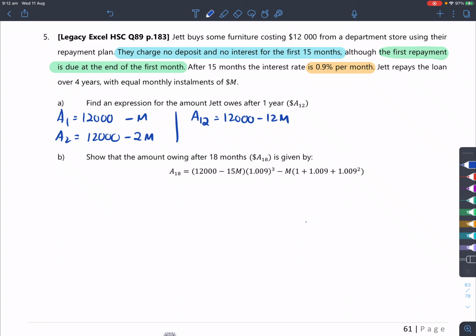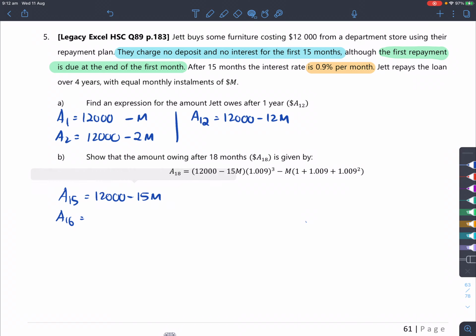Now for question B, show that the amount owing after 18 months is given by this expression. How long can I actually do this for without paying interest? That would be 15 months. So we're going to do A15 equal to 12,000 minus 15M, but A16 is the first month where interest is applied.